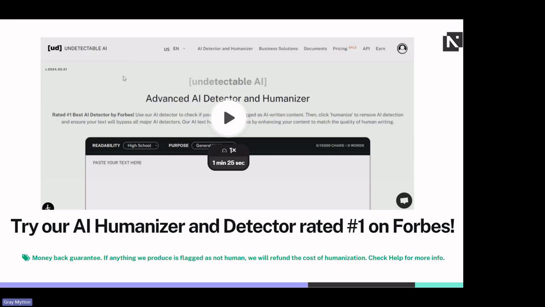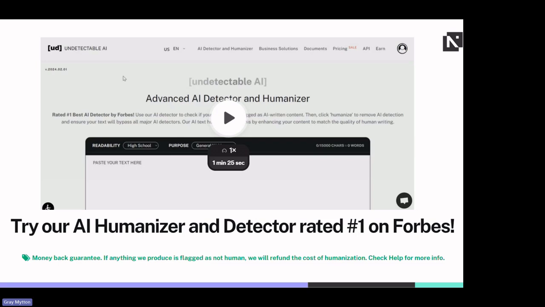So I've just put in a bit of text. I have asked ChatGPT to tell me how planes work, as if I'm a 10-year-old, to make it nice and simple. And so you can see here, we've got a little bit of text telling me how planes work. Now, this particular tool is called Undetectable AI, and it's telling me that of all the free writing detectors, my writing is being detected in the main as written by AI.